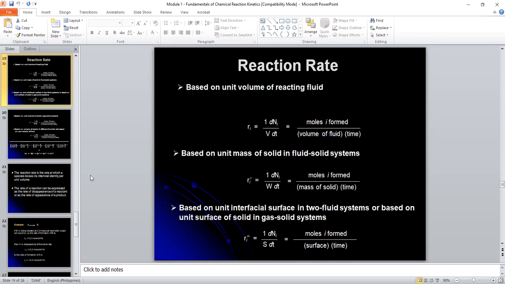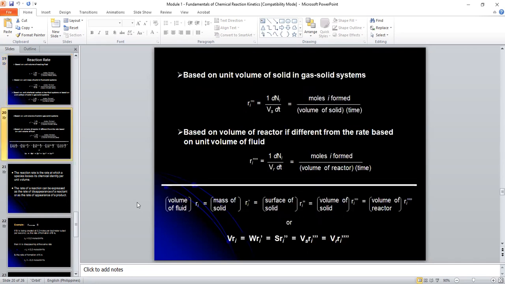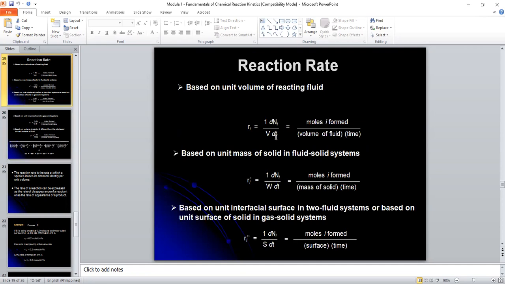Okay? Now, though we have 5 different ways of expressing reaction rates, or 5 different reaction rate equations, depending on the type of problem given, all these 5 can be equated to each other since their common denominator is the rate of change of the number of moles of I.